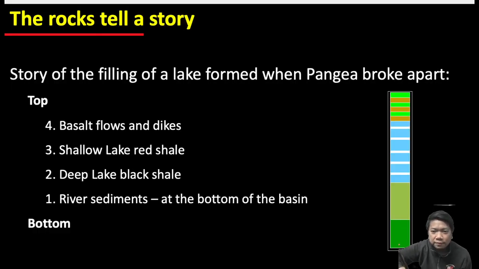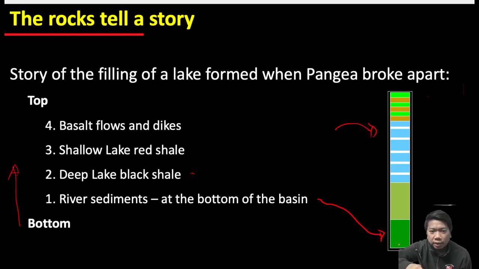And this is the simplified stratigraphic column of the Piedmont, New Jersey, or the Newark Rift Basins. And as I mentioned previously, we always like to start from the bottom. So the river sediments at the bottom would be the very first processes that was recorded in the Newark Rift Basin.